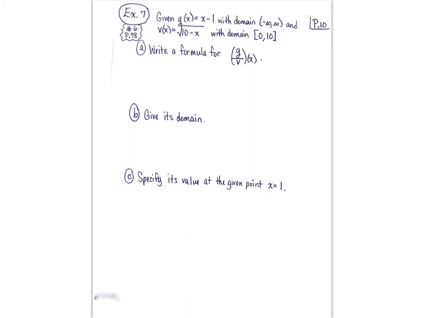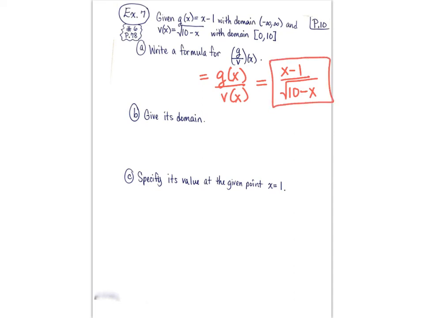So that's equal to g of x divided by v of x, and that's equal to x minus 1 divided by the square root of 10 minus x. So this is our formula.